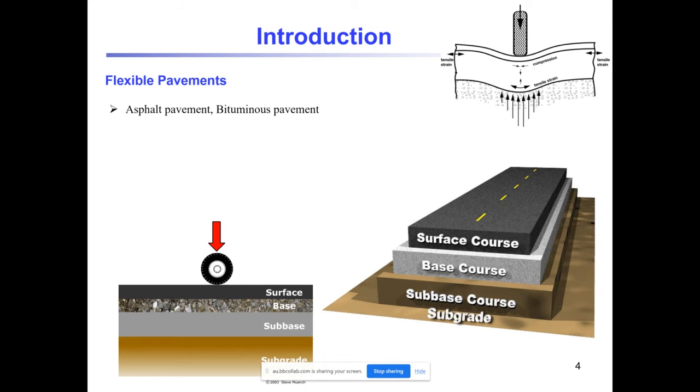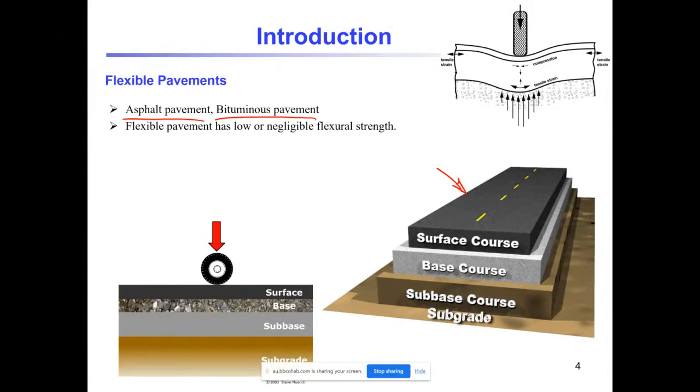They are mainly used for example, airfield or industrial floors. And at the top surface of the road, we can either use asphalt pavement, or we sometimes use one surface of bitumen. We call it bituminous pavement.